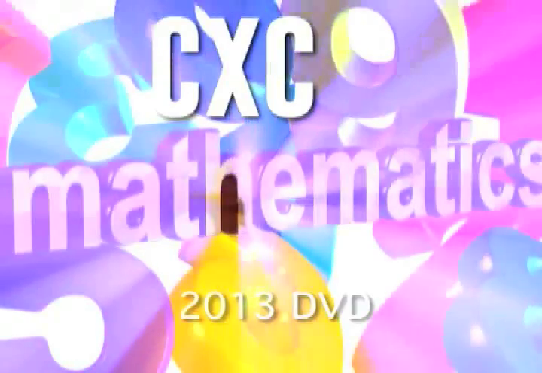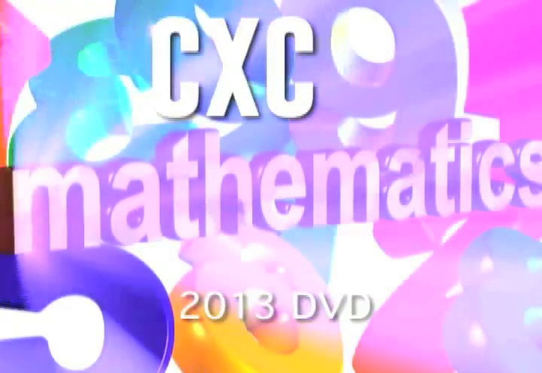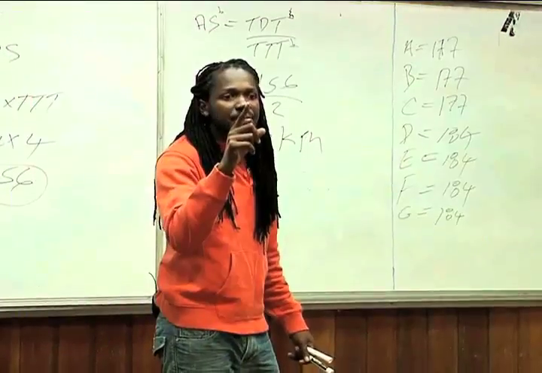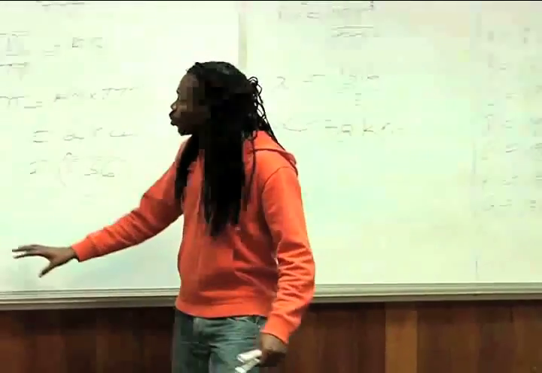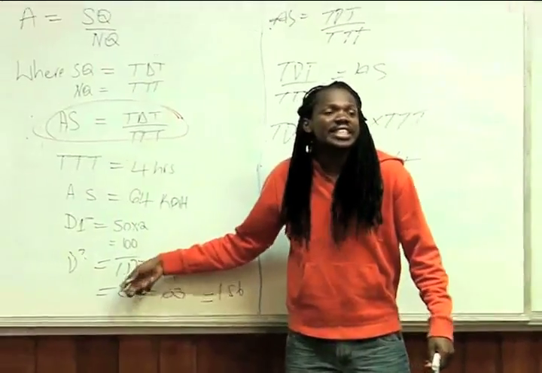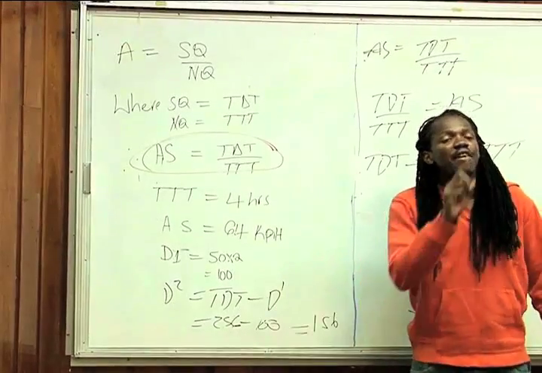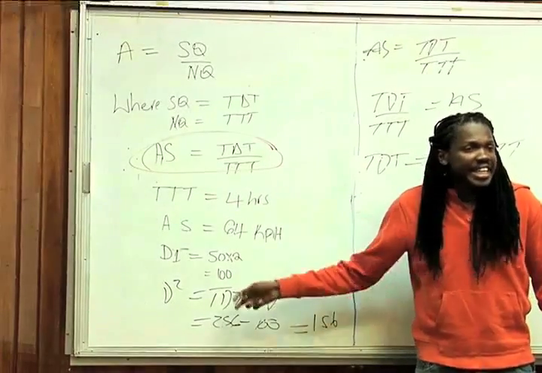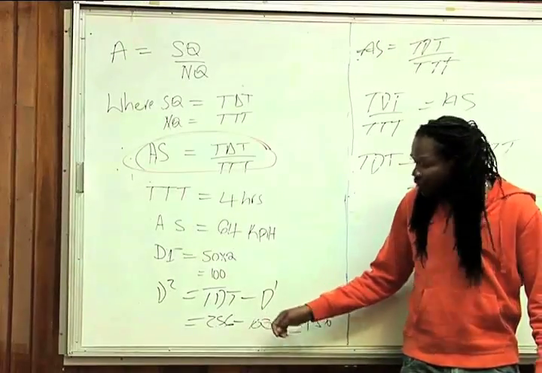So we come now to say, what did the question want to find? The average speed of what? Of distance 2. That's why we have to go through all of this to work out distance 2. We wanted to know what TDT for 2 was, and TDT for 2 is 156.